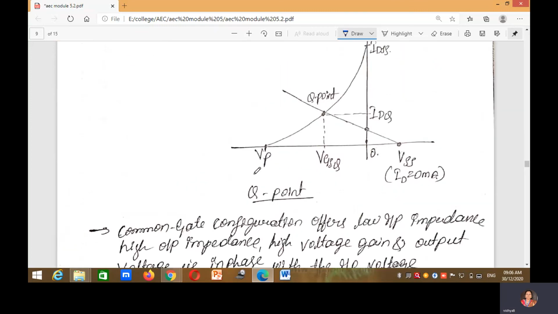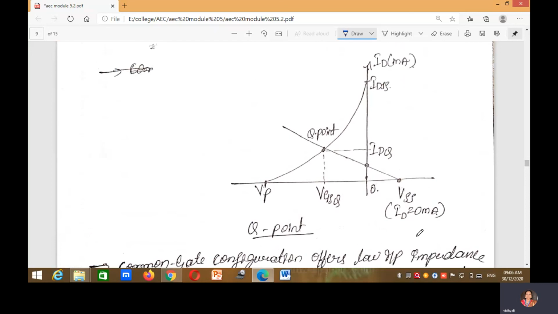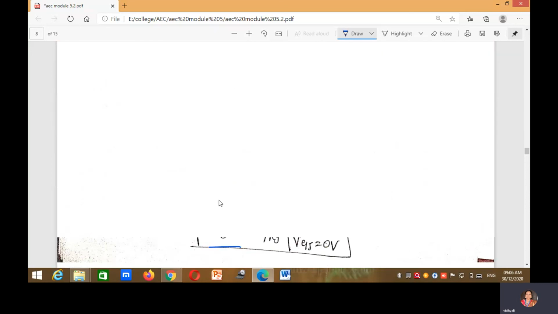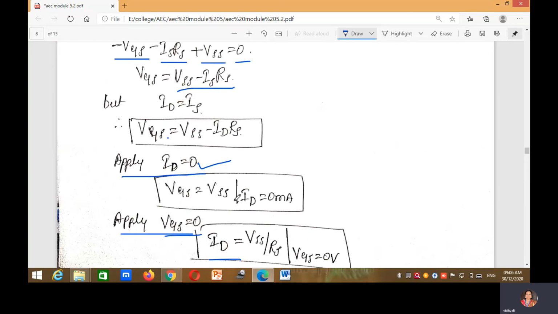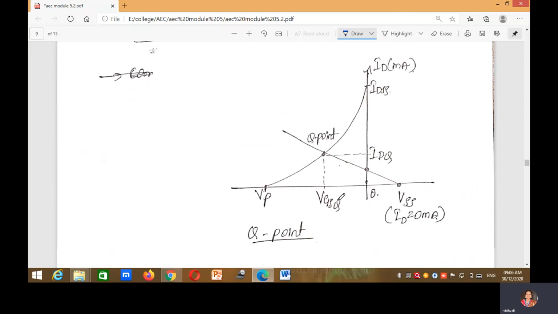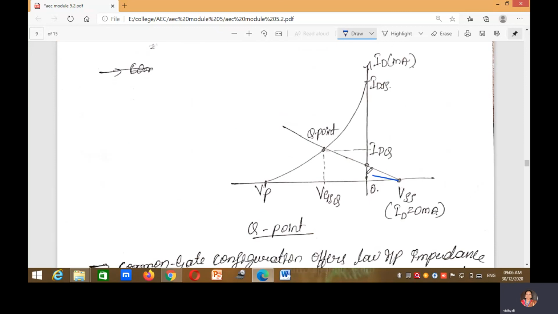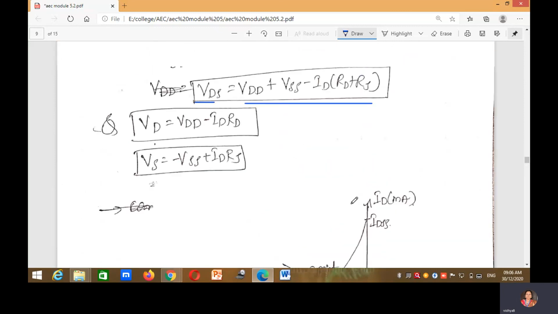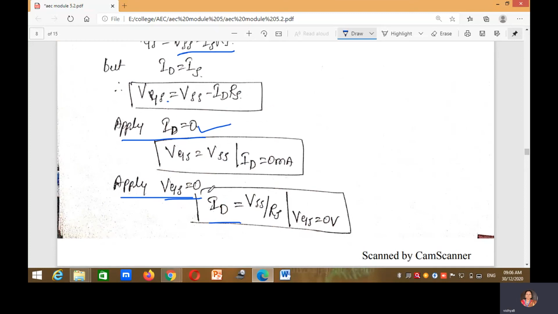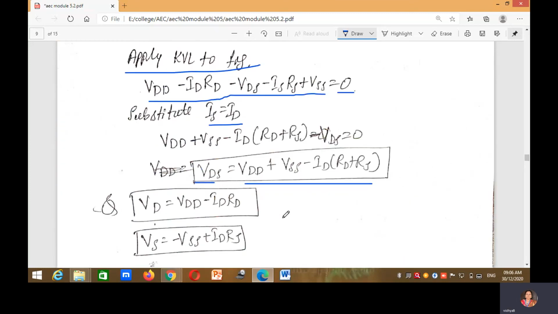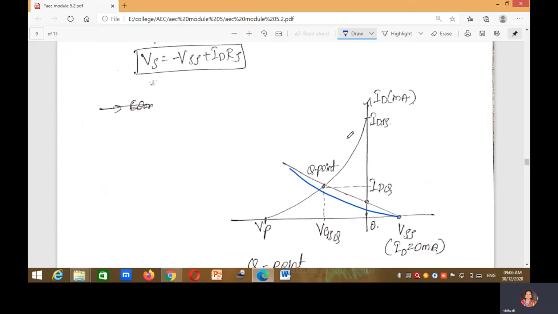This is a load line analysis. Again, when ID is equal to 0, what we got? VGS is equal to VSS. Okay, this is the point. When VGS is equal to 0, ID is equal to VSS divided by RS.